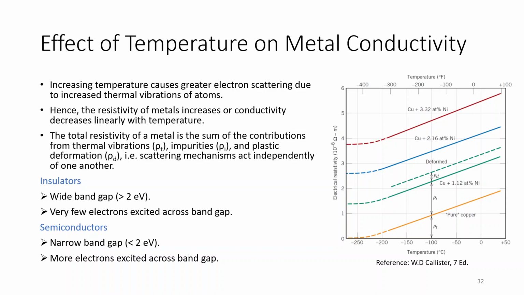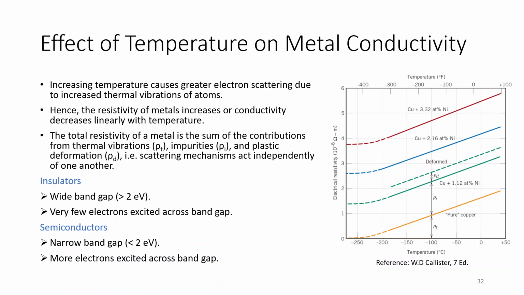Next you have the effect of temperature on metal conductivity. As in this graph you can see, with increasing temperature your electrical resistivity increases, so conductivity will reduce, and also with increasing amount of some alloying element your resistivity is increasing.